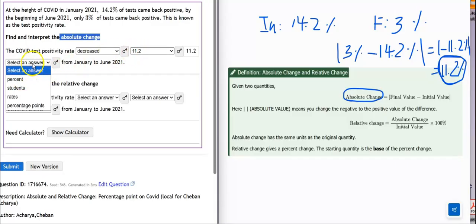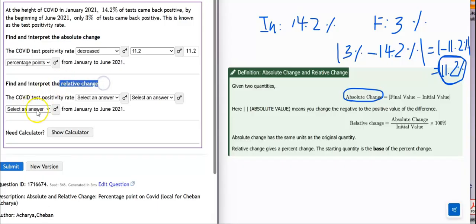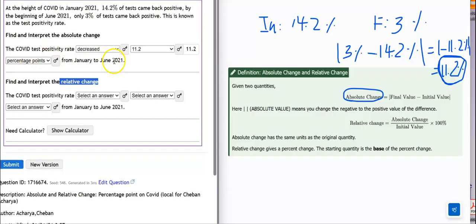Whenever you see 11.2, that number, that's called percentage points. That's what makes difference. Only from the relative change you put change as a percent, but in the absolute change, if your value is going to be as a percentage, you say that much changes as a percentage point, not by percent. That's what you got to be careful.